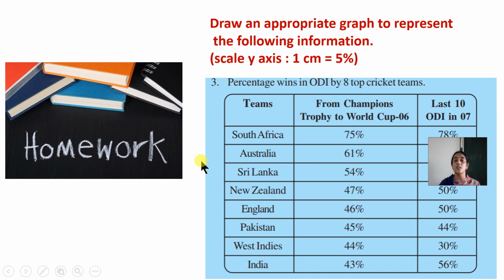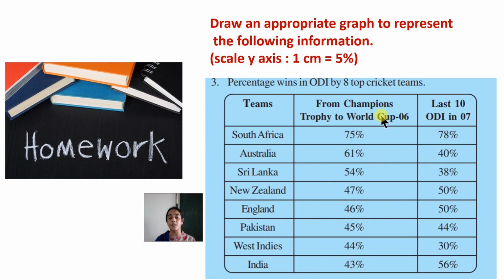Now homework, which you will do by yourself. This is your homework. Draw an appropriate graph to represent the following information. Now the scale on y-axis, you will take 1 centimeter is equal to 5%, because here the information is given to you in the form of percentage. So when you draw a graph, you will take on y-axis 1 centimeter is equal to 5%, and the names of the teams on x-axis, that is South Africa.